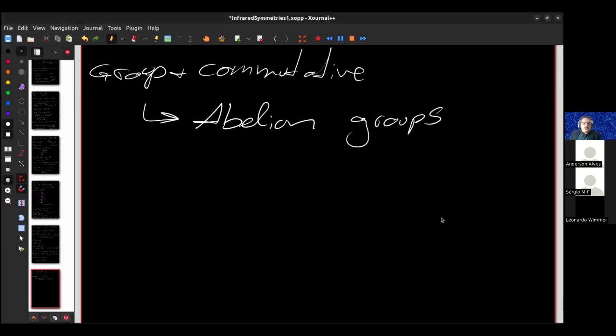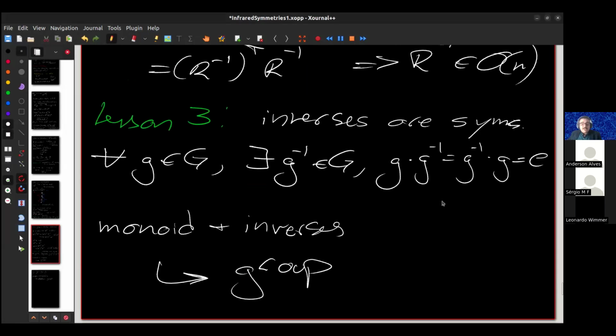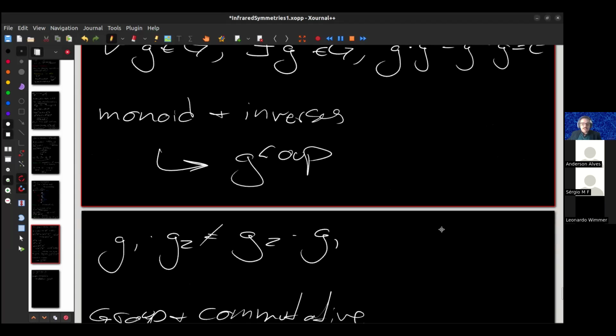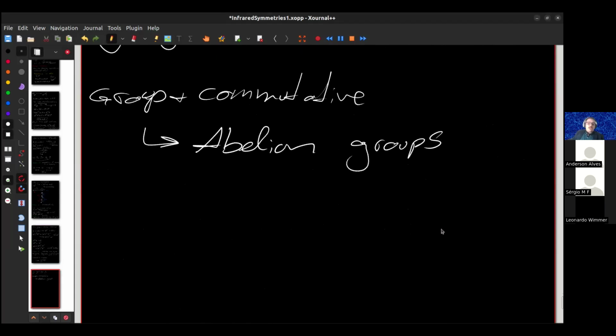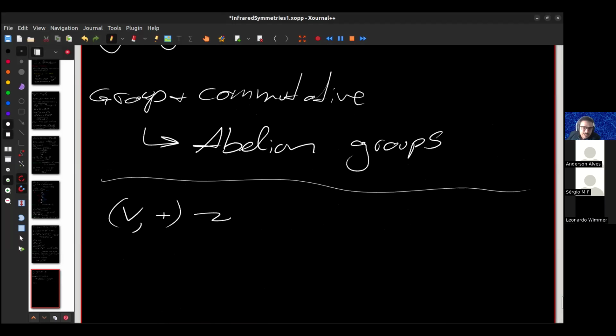And groups are algebraic constructions, they are algebraic spaces. They're very similar to vector spaces, for example, but they're much simpler. So as a first example, if you have any vector space V and you're considering the operation of addition, this is always an abelian group. And this is by definition of vector space. So all vector spaces are abelian groups with respect to addition.